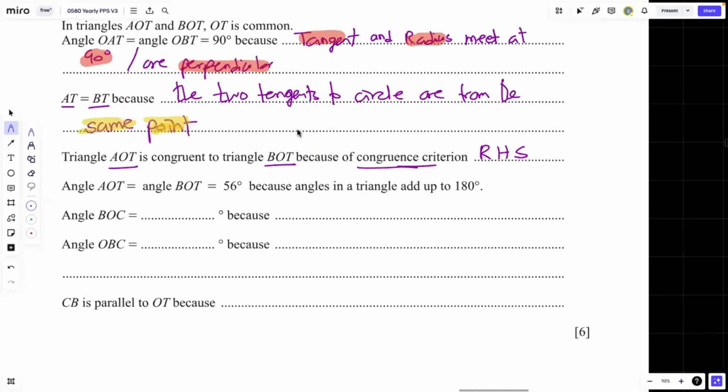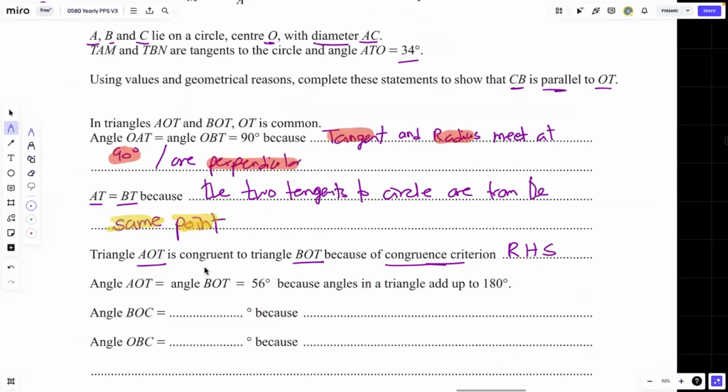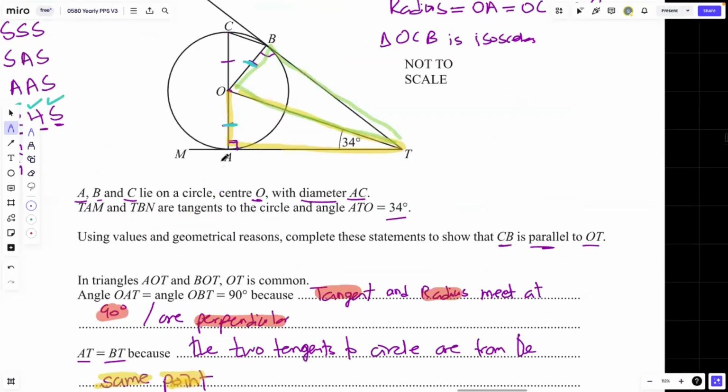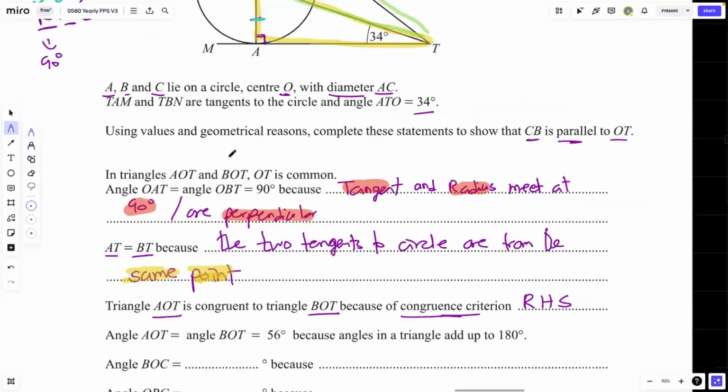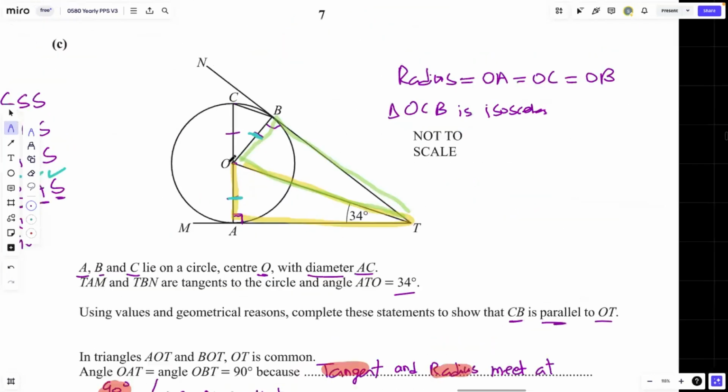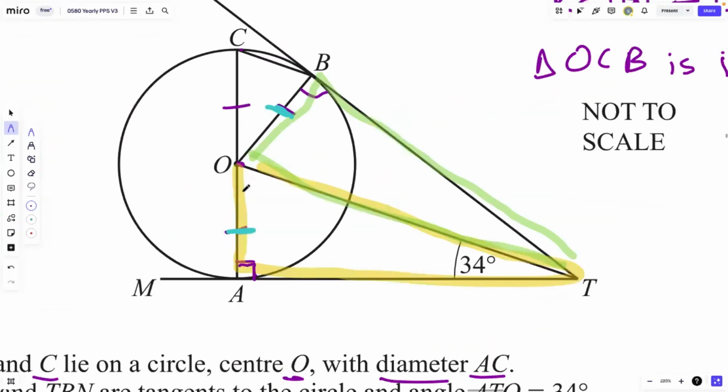And the next portion: angle AOT and BOT is equal to 56 degrees. So let's figure out which angle is given, AOT and BOT. This is 56 and BOT is also 56.